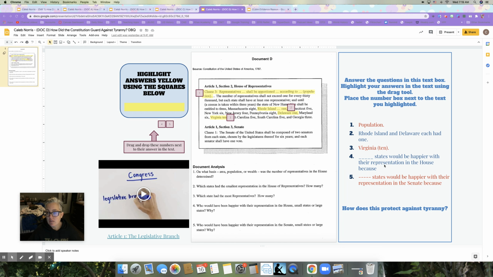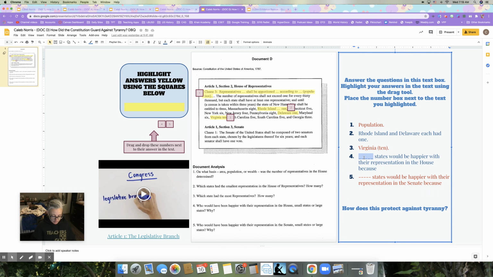So you can see I've already started my answer for number 4. It says, blank states would be happier with their representation in the House because. So I'm going to take that line off here and type larger. Larger states would be happier with their representation in the House because they have more representatives, which means they have more of a voice in the decisions, which means they have more power. I'm going to go ahead and type that answer here.